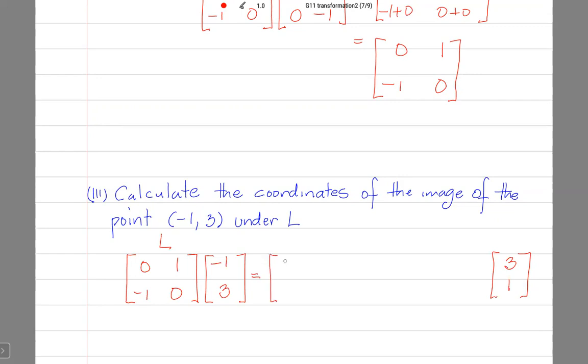0 times minus 1 is 0. And 1 times 3 is 3. Minus 1 times minus 1 is 1. 0 times 3 is 0. The answer is 3, 1.